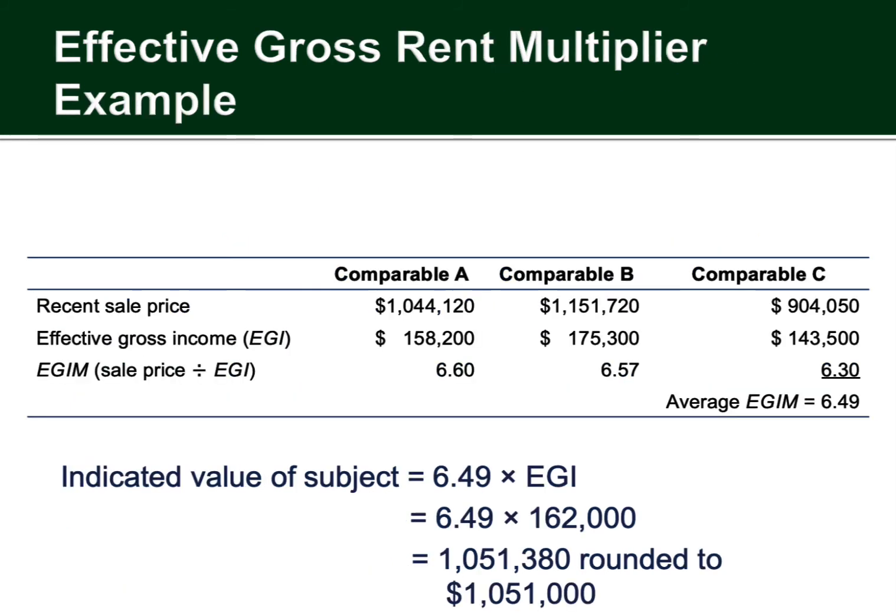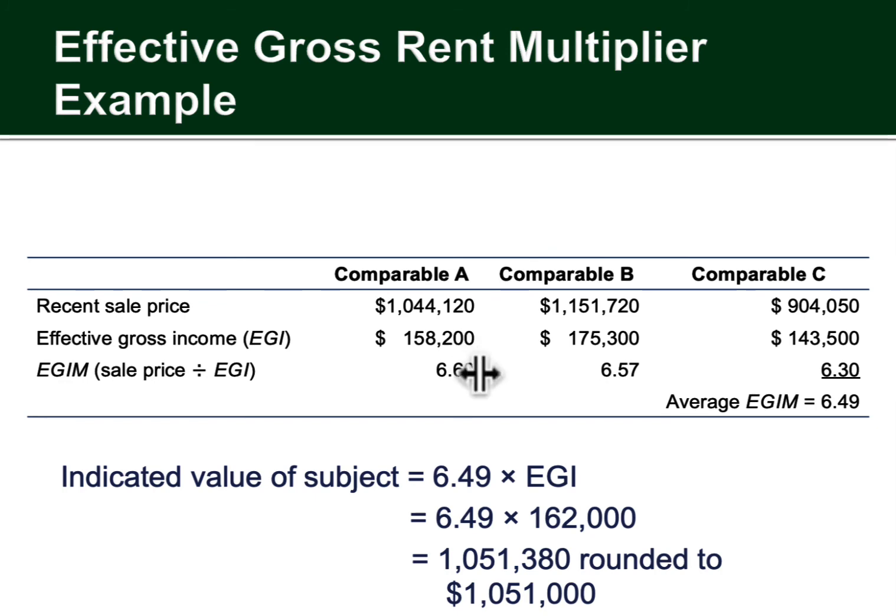So as an example of the gross rent multiplier approach, let's say we have these three properties, comparable A, B, and C, because we're trying to get a sense of what a typical effective gross income multiplier might be for this market in order to use this approach. For each property, we take the sale price and divide it by effective gross income.